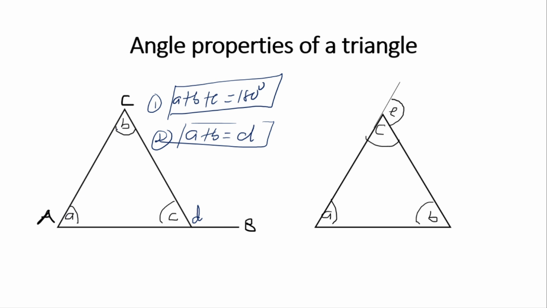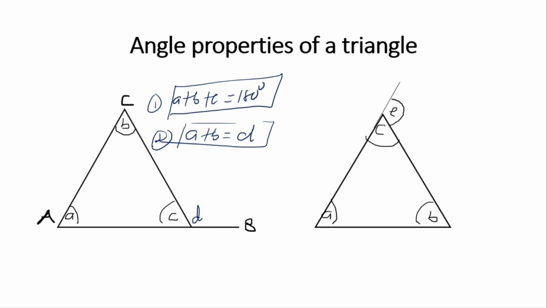A and B are sharing the line AC, and that line AC is opposite to the angle D. And so we see that A plus B is equal to the angle D. Some students will say A plus C is equal to D. No. Or B plus C is equal to D. No. It must be opposite to the line that is forming the other two interior angles.